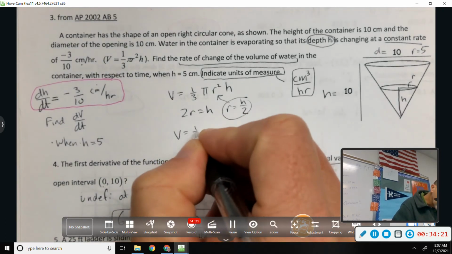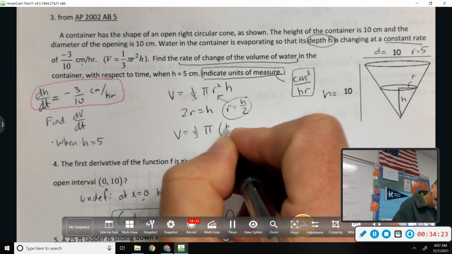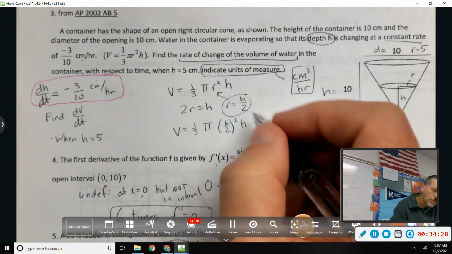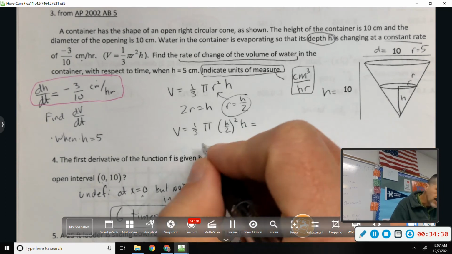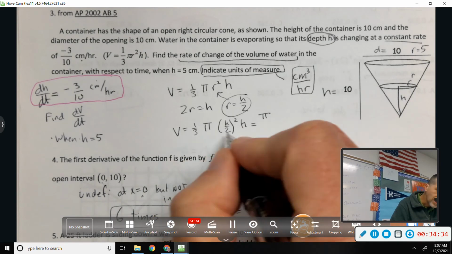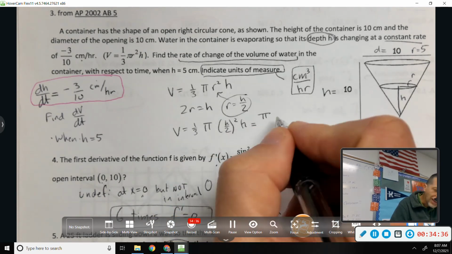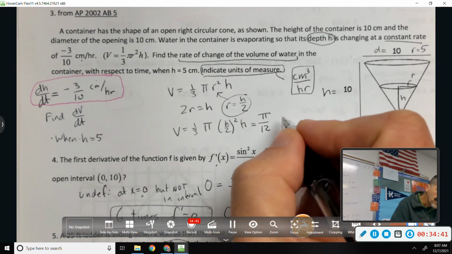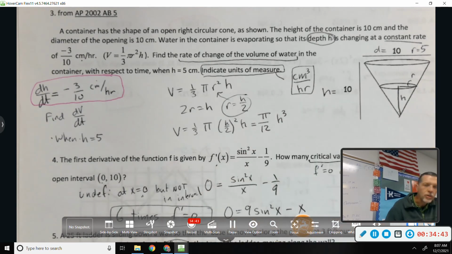1/3 pi (h over 2) squared times h. So a little bit of algebra, not even algebra, I guess it's algebra. 2 squared is 4, times 3 is 12, so pi over 12 h cubed is the volume.